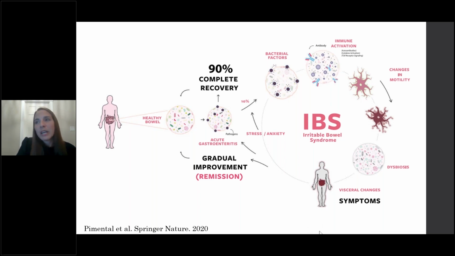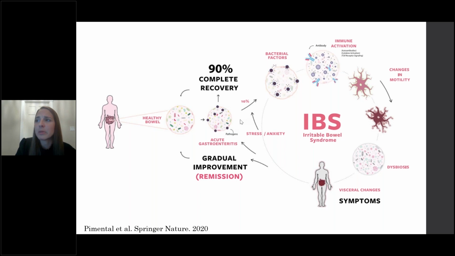And this is a really great depiction of what we're seeing in those different patient examples that was published in Springer Nature just a couple years ago. It's showing that we have our healthy microbiota, and then we get some type of acute gastroenteritis that changes our microbes. And most people completely recover from that infectious process.